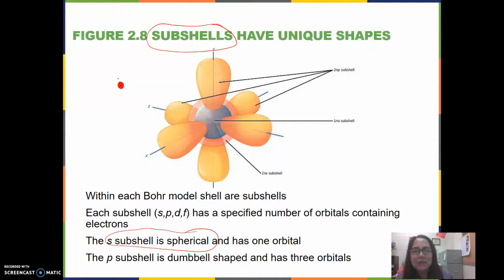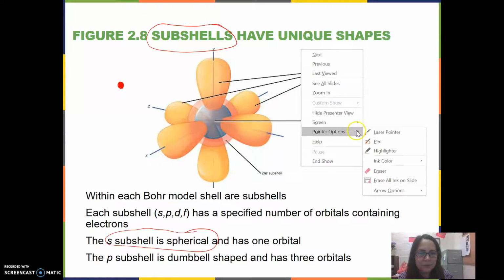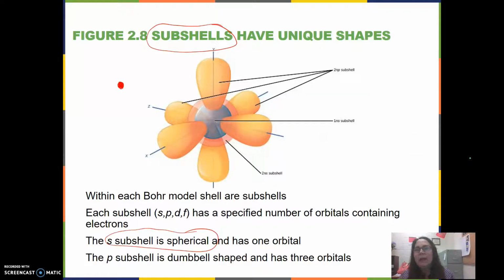the first energy level only has 1 subshell, and it's an S subshell. I'm going to change the color. We will go with green. Outside the nucleus of this atom that I have drawn, the S subshell would be the space inside of this green sphere.